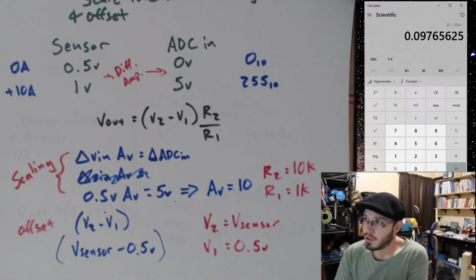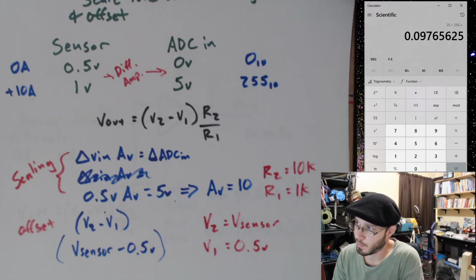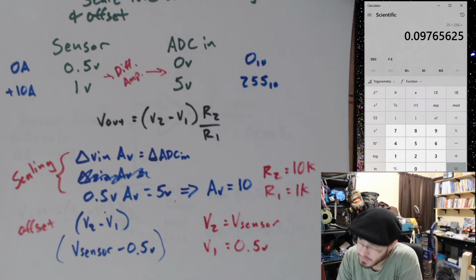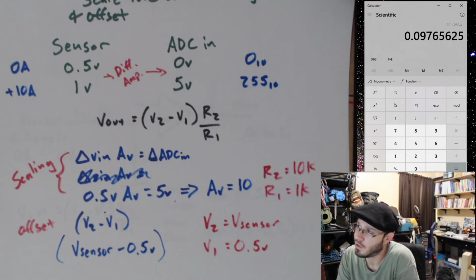I can 100% guarantee that on the final there will be a question asking for this of an op-amp, asking for a differential amplifier. I will give you a sensor, and I will give you the resolution of an analog digital converter, and you will have to maximize that resolution, maximize the usage. So you're going to have to do this on the exam.